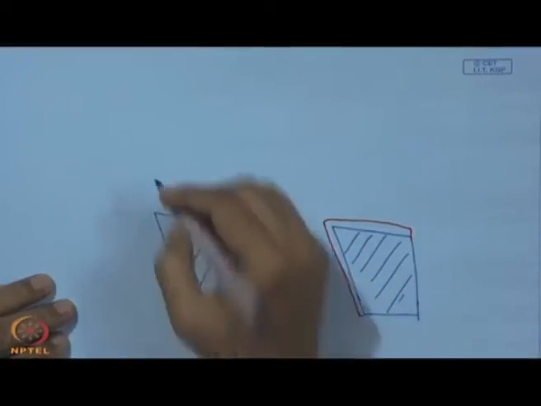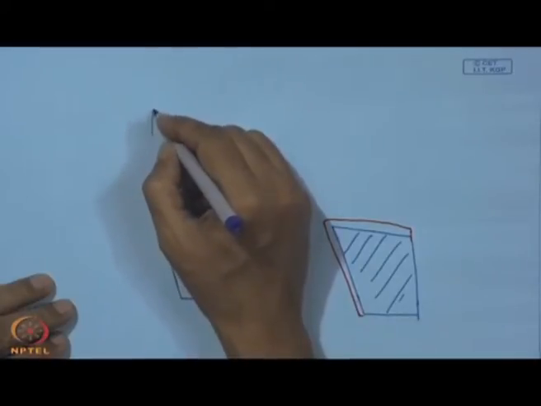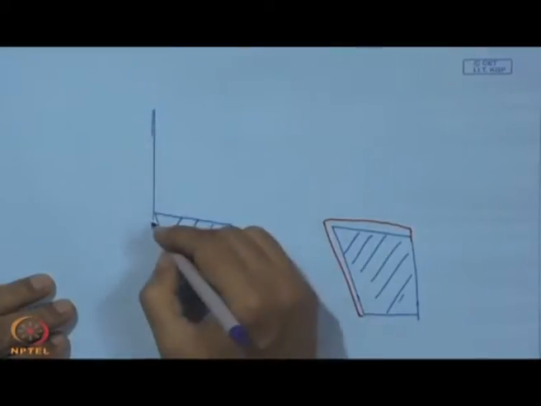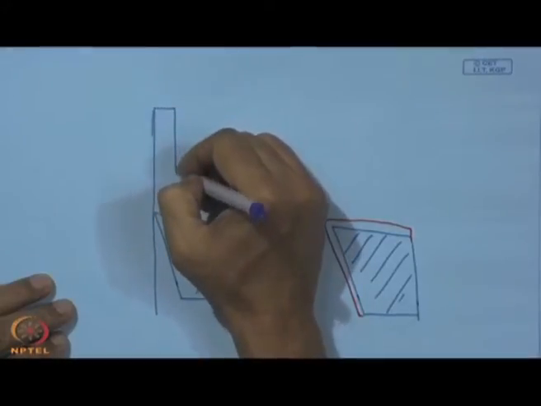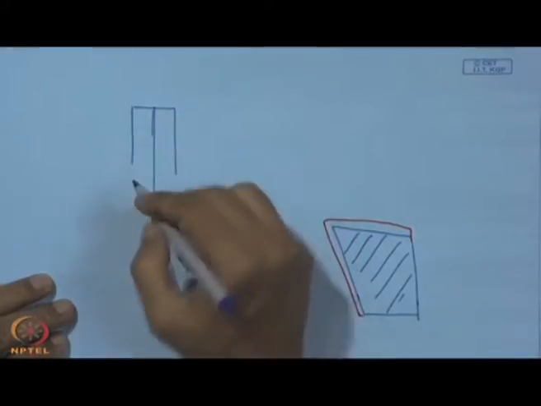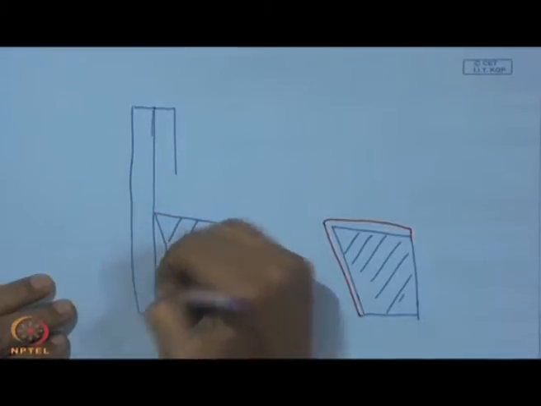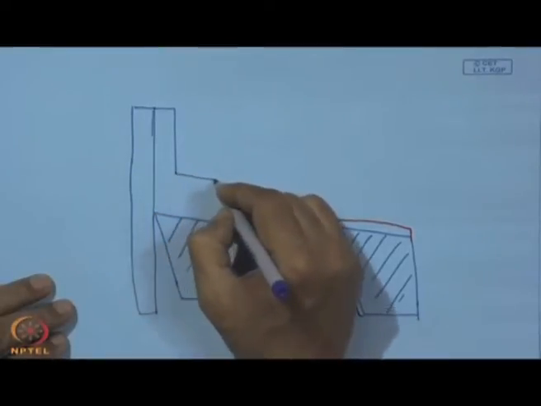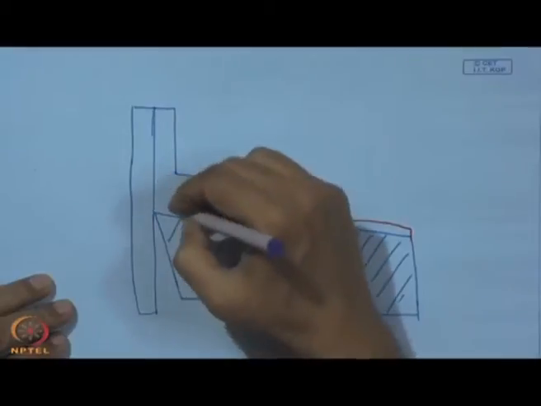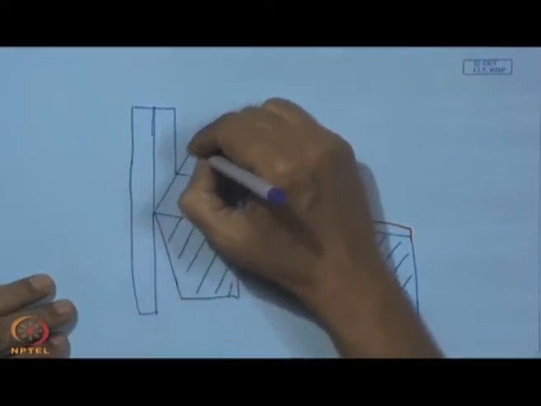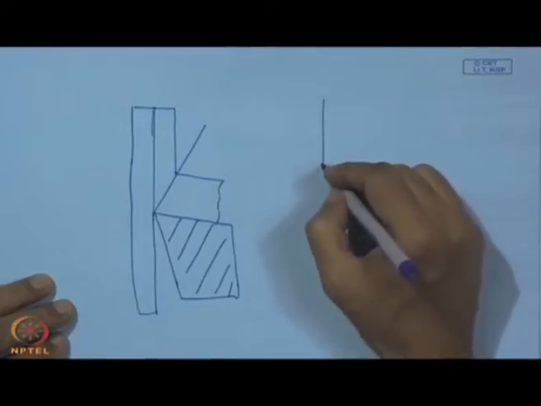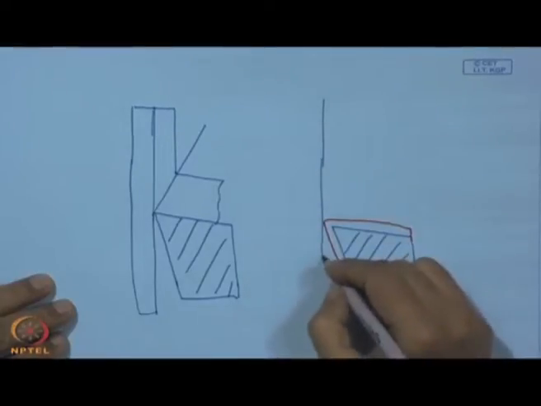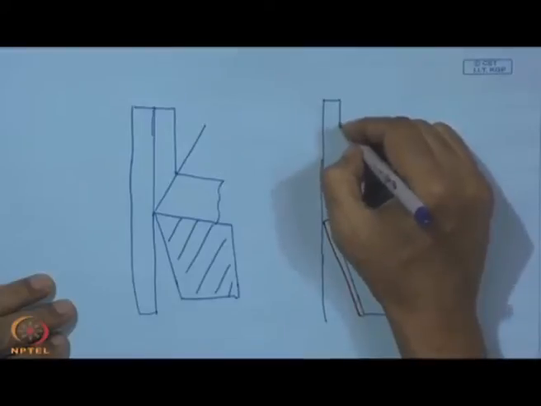Now, here we have to draw this. This is the classical way of showing the cutting action of a tool. So, this is the classical figure. Let us look here also, then we can compare.